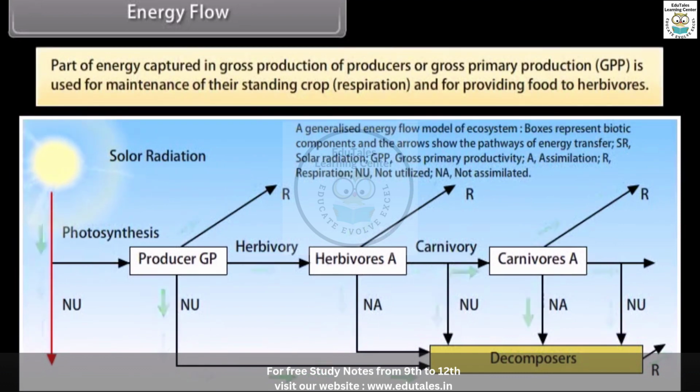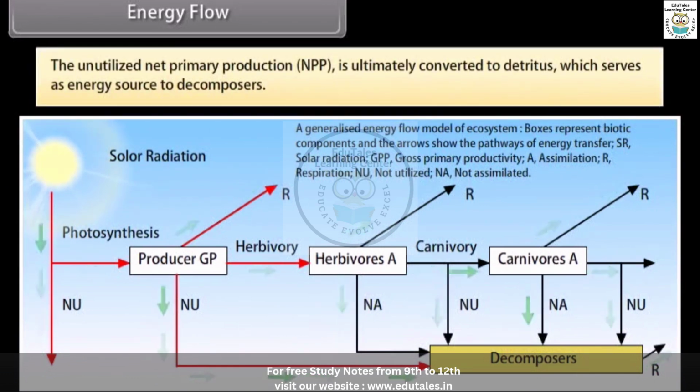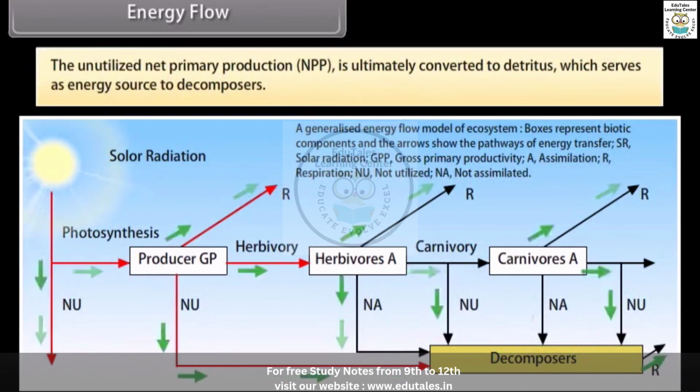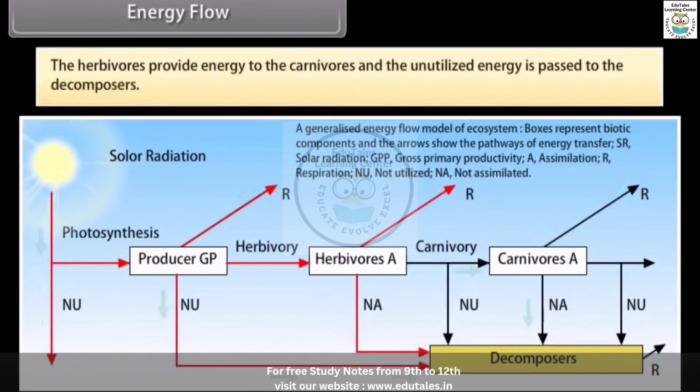Part of energy captured in gross production of producers, or gross primary production (GPP), is used for maintenance of their standing crop, respiration, and for providing food to herbivores. The unutilized net primary production (NPP) is ultimately converted to detritus, which serves as energy source to decomposers. The herbivores provide energy to the carnivores, and the unutilized energy is passed to the decomposers.